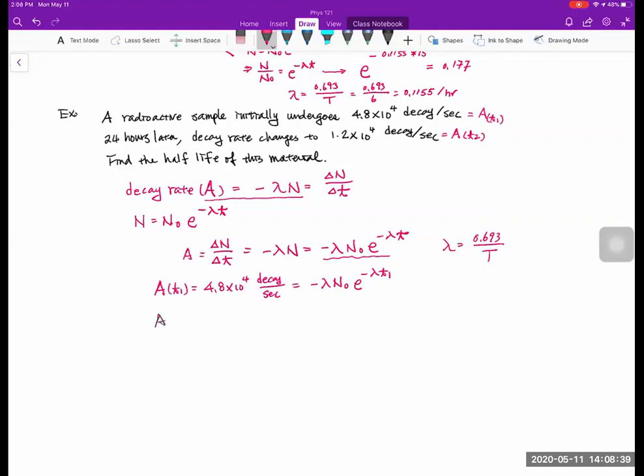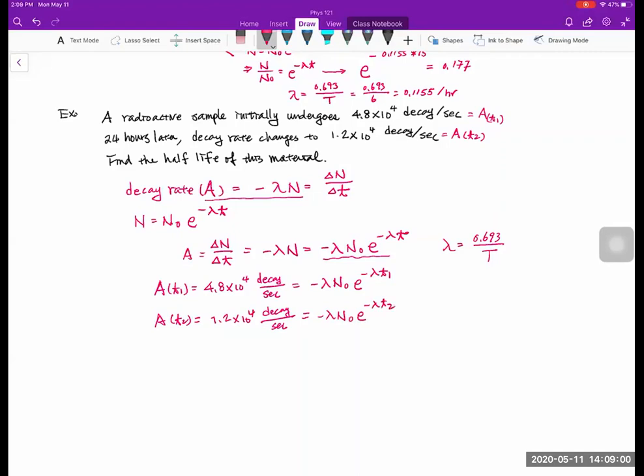Now, same thing, I can write A(T2) that is equal to 1.2 times 10 to the 4th decays per second. That is equal to minus lambda N0 e to the minus lambda T2.